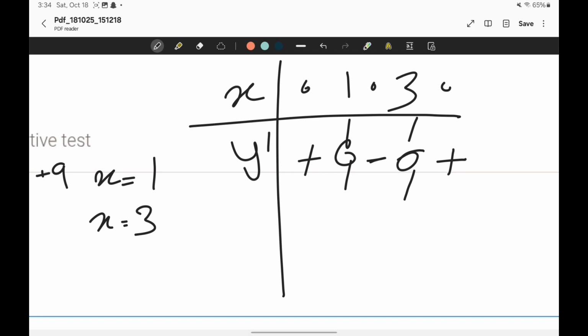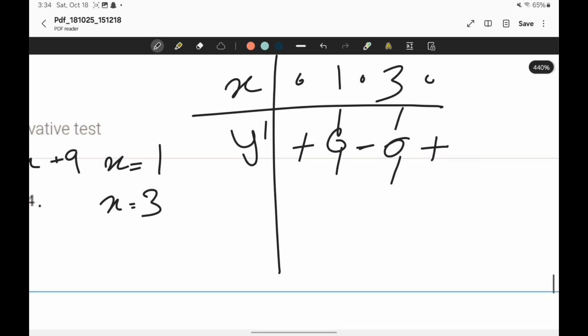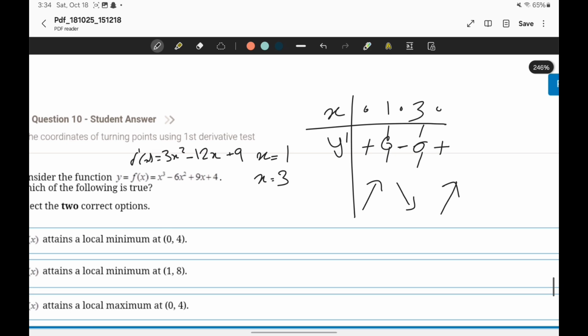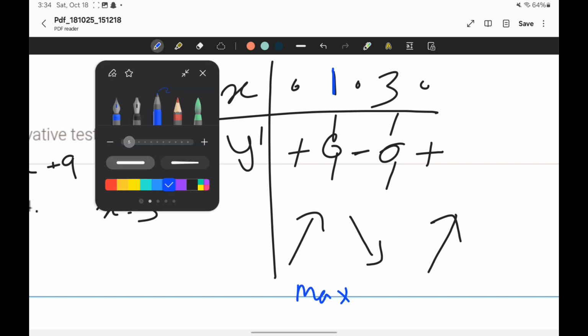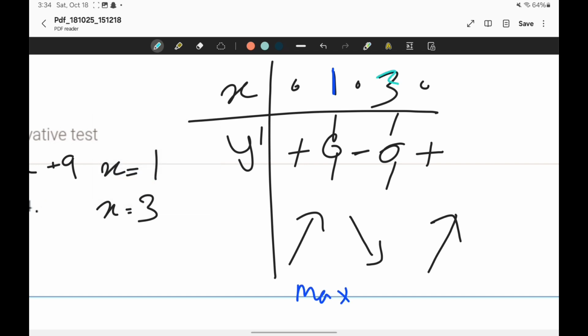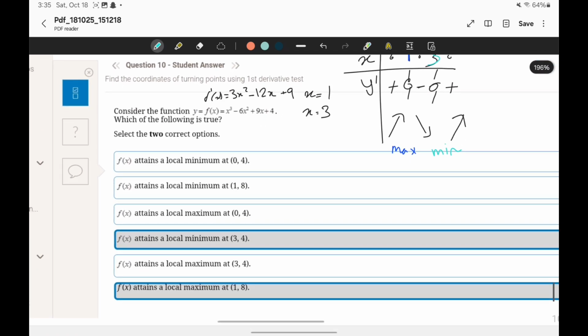Here, it's positive. Okay, so it's going up, then down, then up. Okay, so now we know that x equals 1 is a maximum and x equals 3 is a minimum.